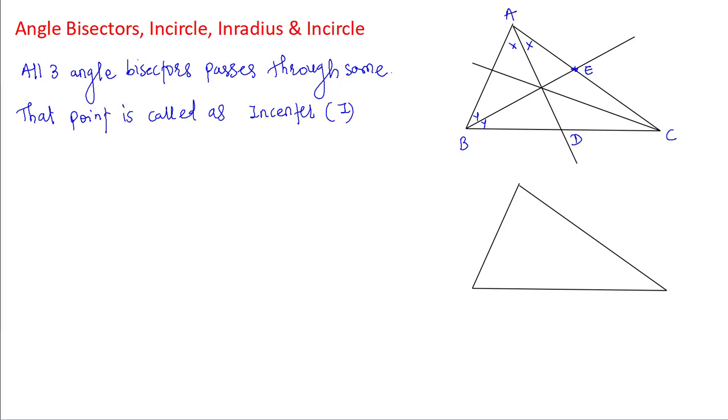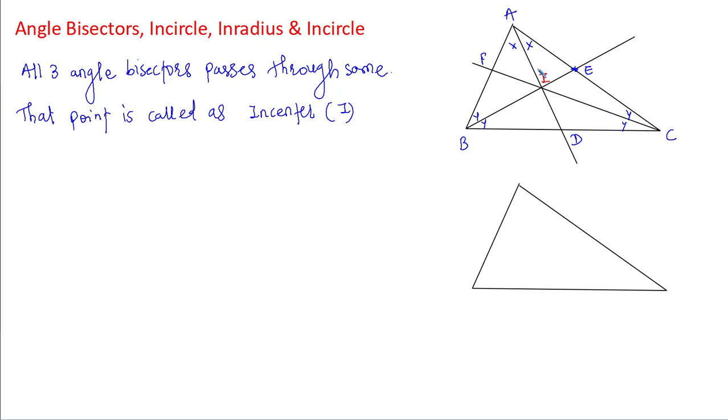So CF is the angle bisector of angle C. All 3 angle bisectors pass through the same point, and the intersection point of all 3 angle bisectors is called the incenter. We represent it by the letter I.